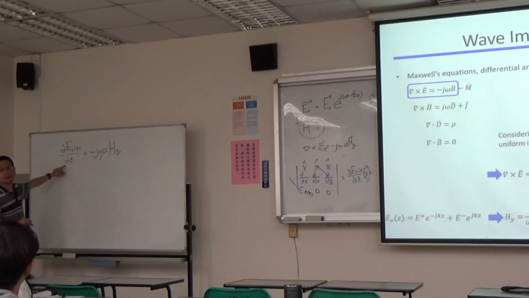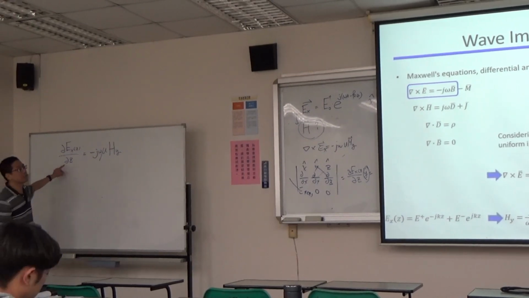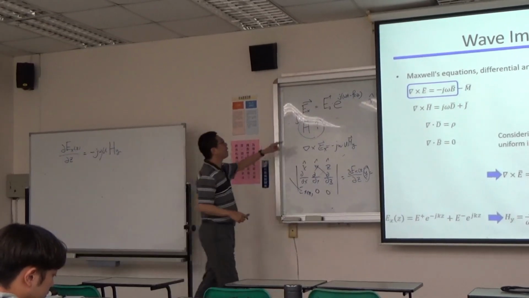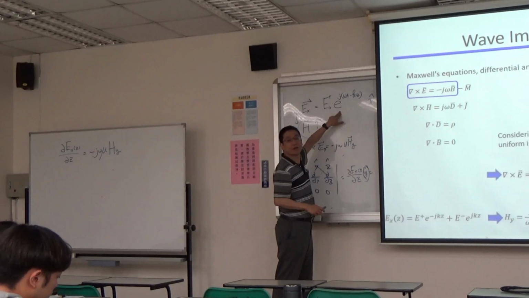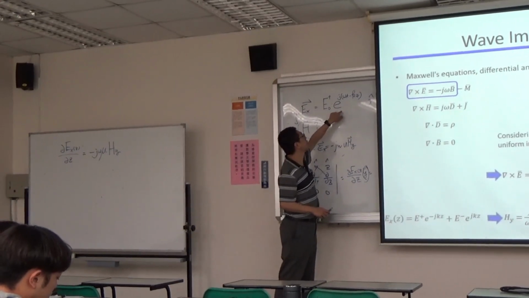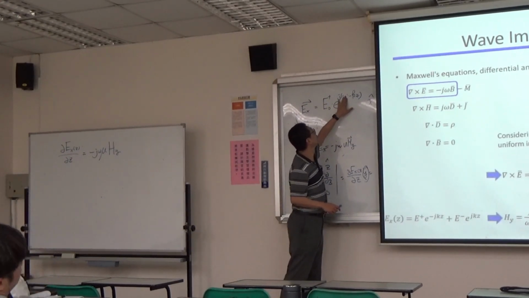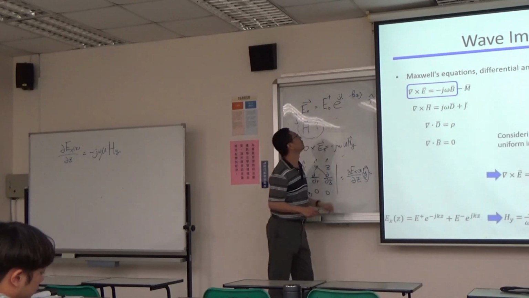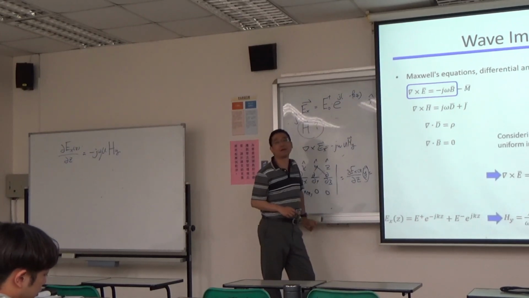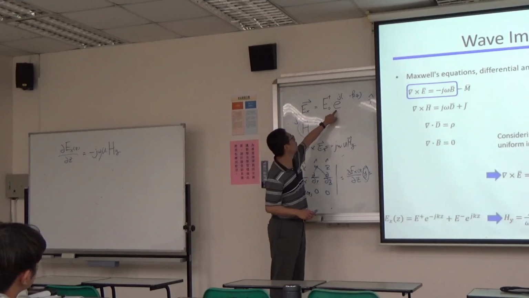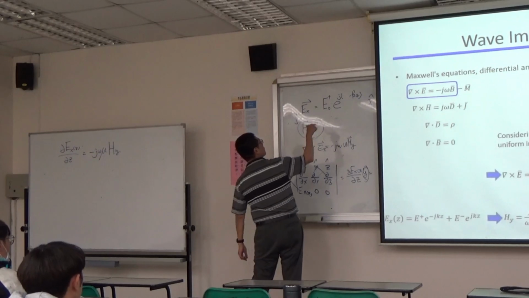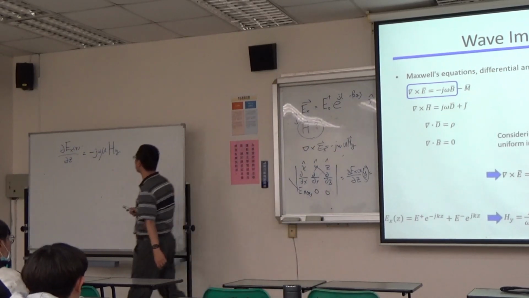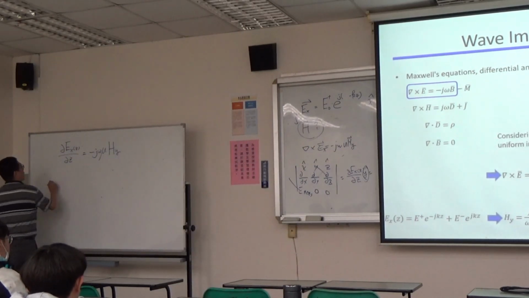Why is this? Because you know Ex is this part, right? You take a derivation, and if we don't consider the time, you use only this part, it's easier. You take a derivation of z, it is minus jk, you take a minus jk outside.